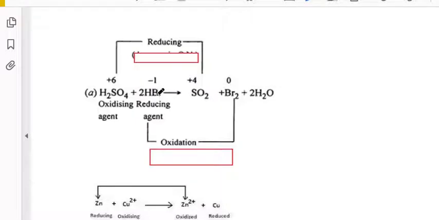And here in HBr, the hydrogen is not there, bromine is replacing it, so this bromine is oxidized. Clear? So removal of oxygen or a decrease in the number of oxygens is called reduction, and an increase in the number of oxygens, or removal of hydrogen, or loss of electrons is called oxidation.